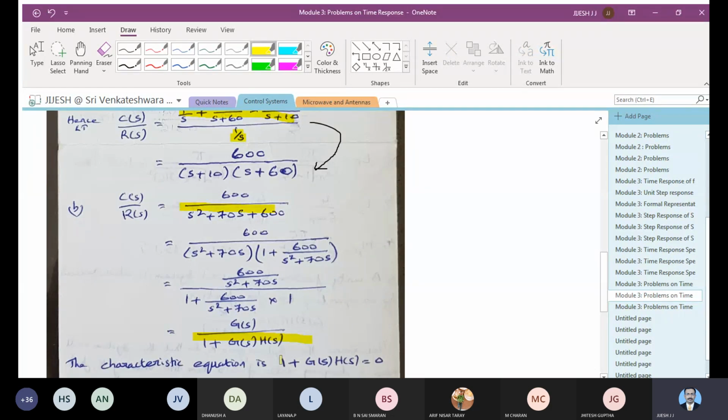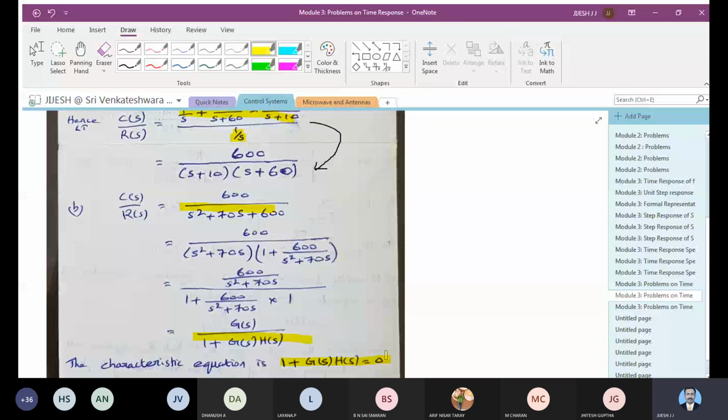So if you have any doubts still here, you can just ask me. It is just rearranging the equations to bring it in the form of transfer function, that is G of s by 1 plus G of s H of s. And the characteristic equation is the denominator, that is 1 plus G of s H of s is equal to 0. So by using this equation, we have to compare it with what we have, that is s square plus 70s plus 600.